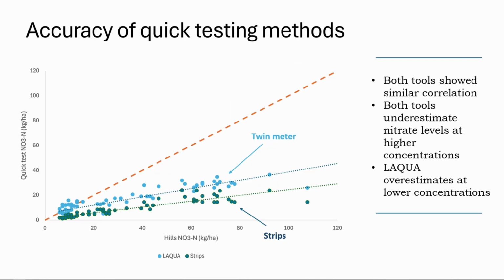But the quick test is a bit more complicated. The orange line represents perfect correlation. All of our data along the results that we got from labs match the results. And we tested, you can see light blue is when iron meter Te strips, and they cluster well at low concentration.